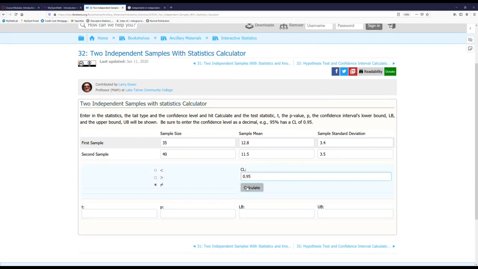And then we'll click calculate, and here is our test statistic, about 1.629, our p-value about 0.10759, and we have our lower limit and our upper limit. Our lower bound is negative 0.29 and our upper bound is 2.89.